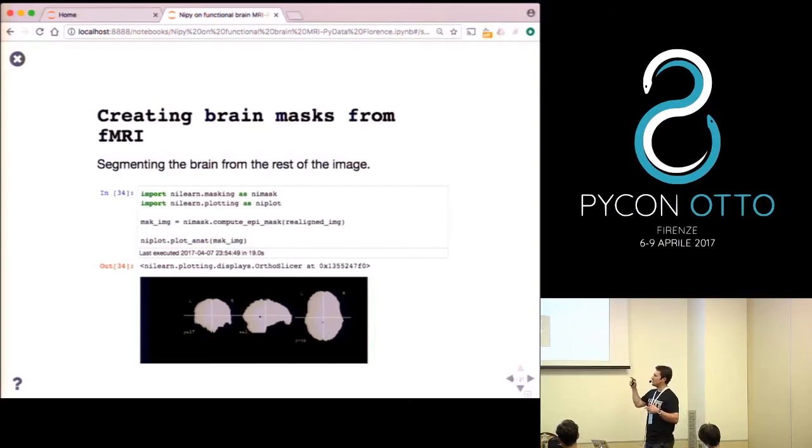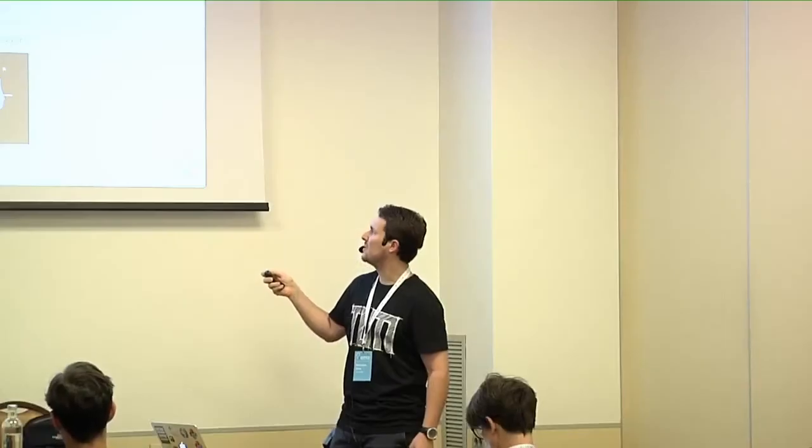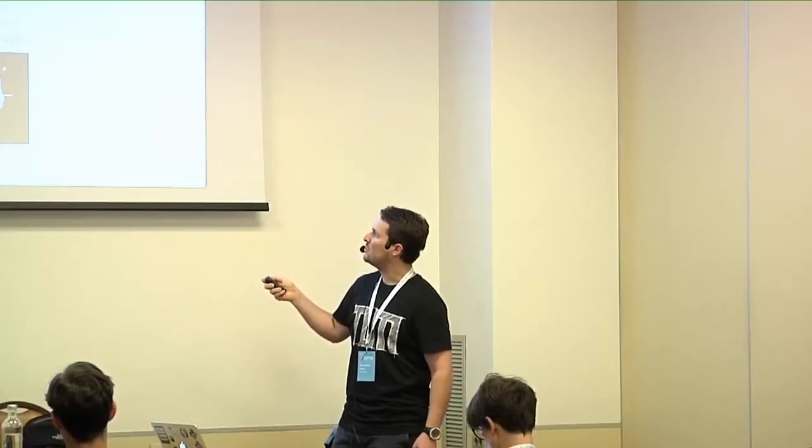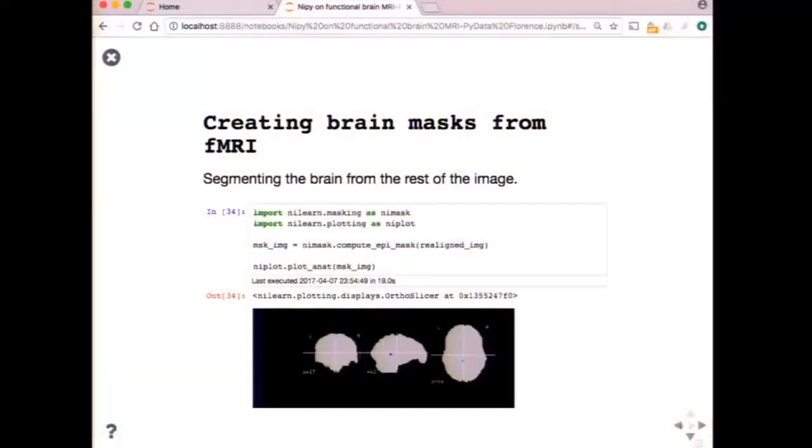I'm only interested in the brain, so why should I apply some signal filtering or other things to the whole image? Nilearn has a masking submodule and a compute API mask function that will give me a mask.